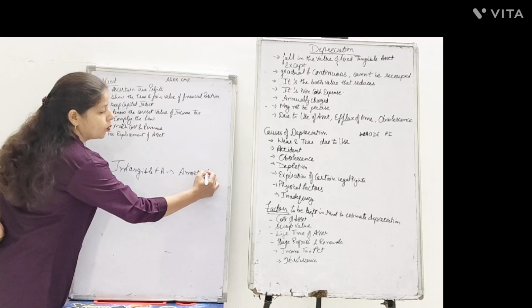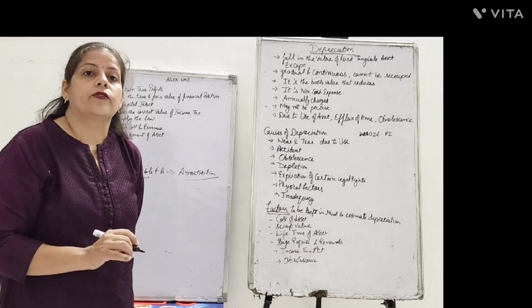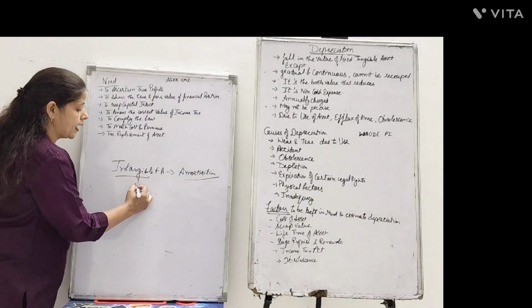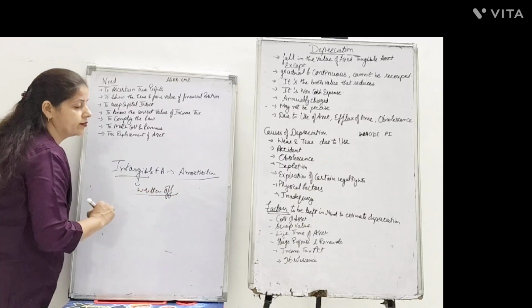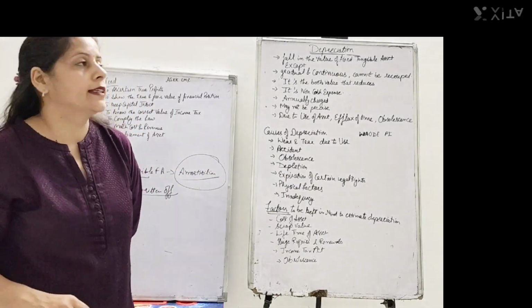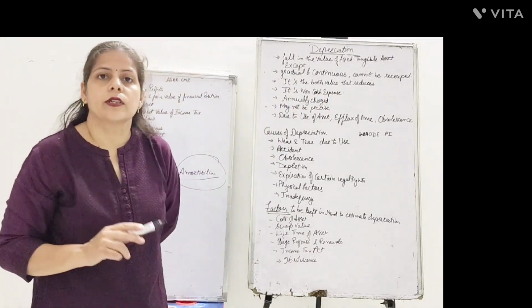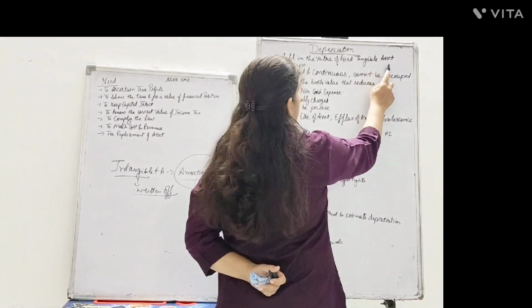So intangible assets are also written off from the books of account. They are also given a fall in their value, but with the word amortization rather than depreciation. So the word depreciation is used only for fixed tangible assets.